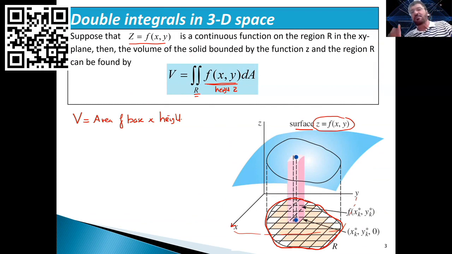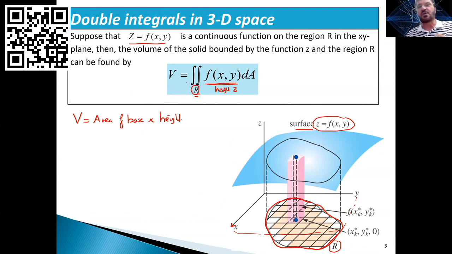And on the ground, I'm going to project the solid and see what the shape is. The shape on the ground is going to be in the xy plane and can be any kind of shape. Today, we're going to focus on a special kind of region in the xy plane. So this is our region that you see on the ground that I surrounded with red.